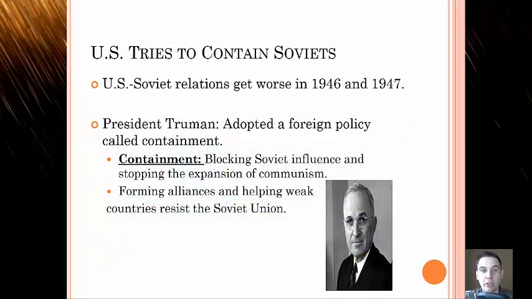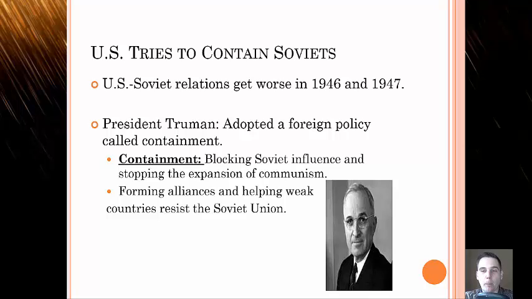Of course, this just made the US even more scared that, oh wow, they're growing, they're expanding, we've got to contain this. So the relationship between the US and the Soviet Union got worse over 1946 and 1947 as the goals of the two countries became increasingly at odds.